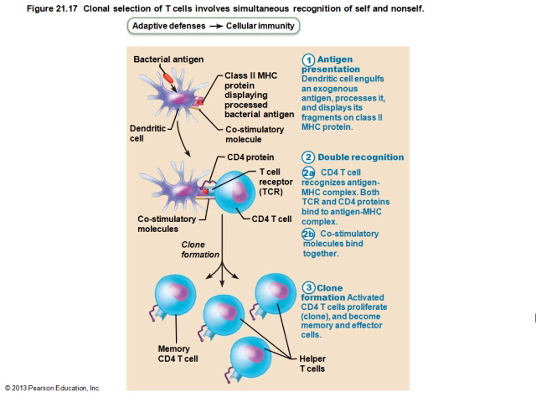In this particular portion of the diagram, we have MHC class 2, which is basically an antigenic determinant presented by dendritic cells. And we're going to see that presented to CD4 positive T cells to help activate those cells.